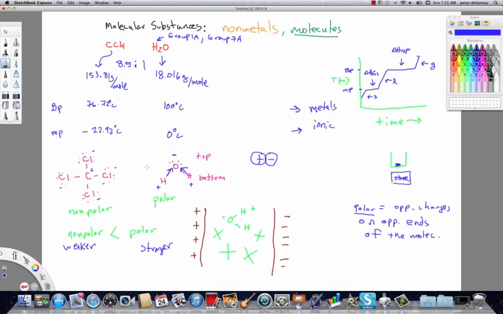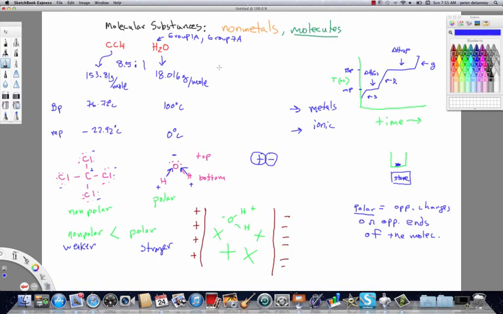And the issue with molecules is that they operate exactly the same way as the atoms do in a metallic bond or the ions in an ionic bond. However, the forces are much, much weaker. And because of that, their melting points and their boiling points are significantly lower.